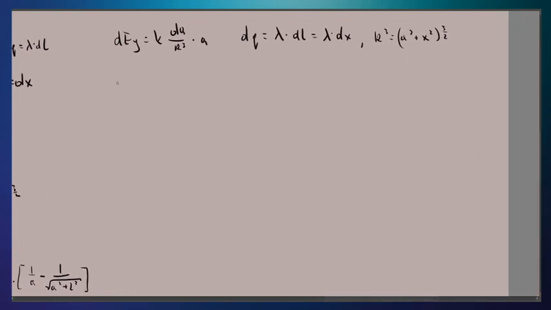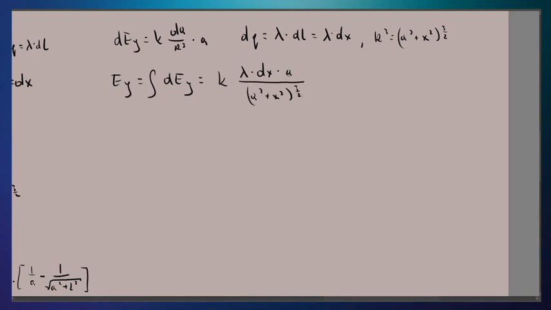All right, so then, before I do that, Ey is the sum of all of the little dEys, which gives me k dq, but instead of dq, I'm going to have lambda times dx times a, and on the bottom r cubed, which is (a squared plus x squared) to the 3/2.